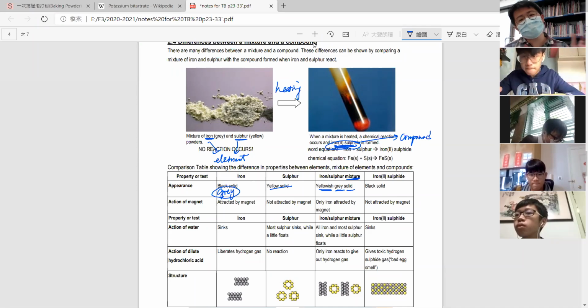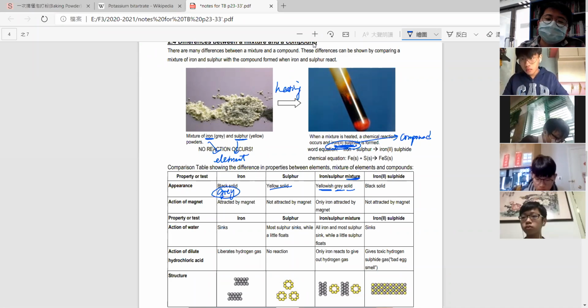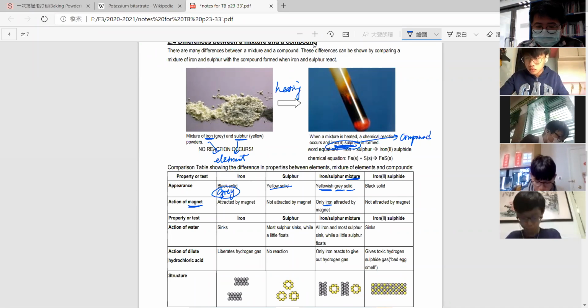So you may see some character of the red bean, and also some character of the green bean. How do I know? I would use a bar magnet and place it near the mixture, and you will see that only the black powder will be attracted by the magnet.